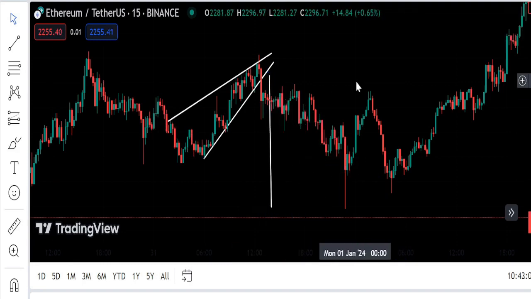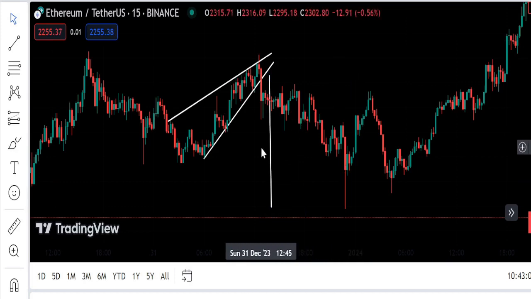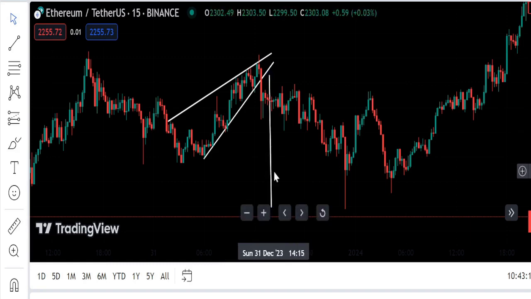Sometimes I like to take my profit at the 50% of this target price. I can take 50% here, 25% here, and the remaining 25% at the end of this target.